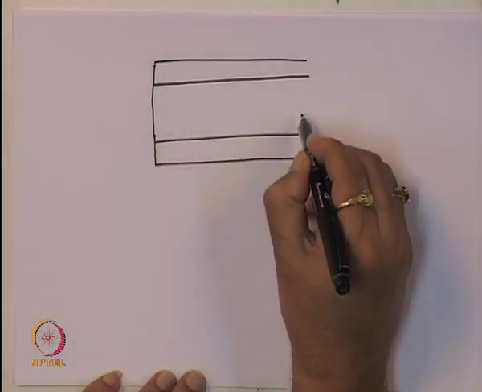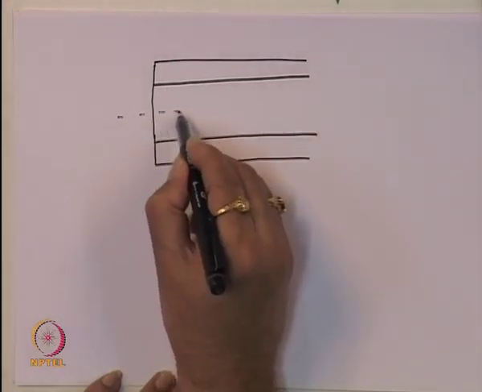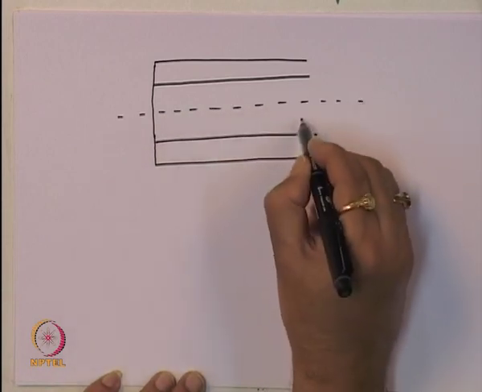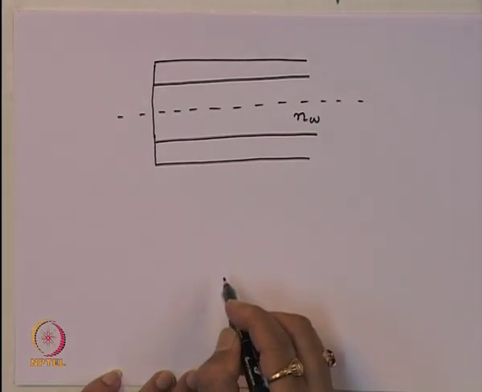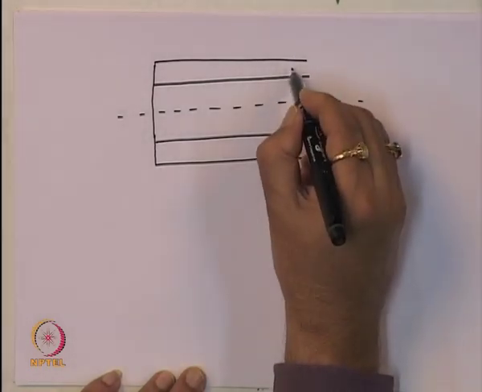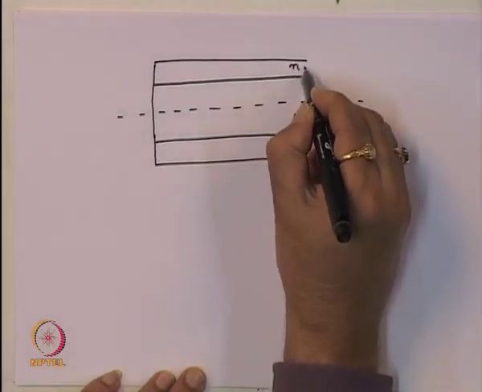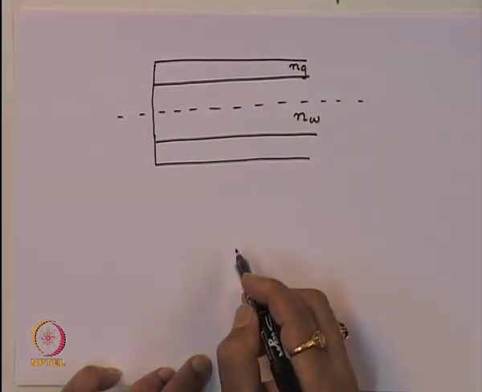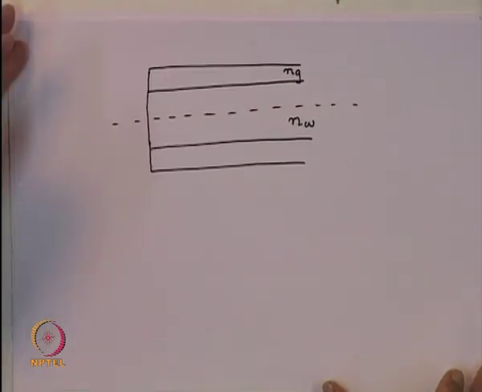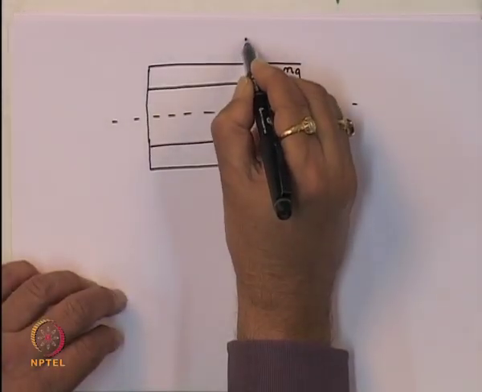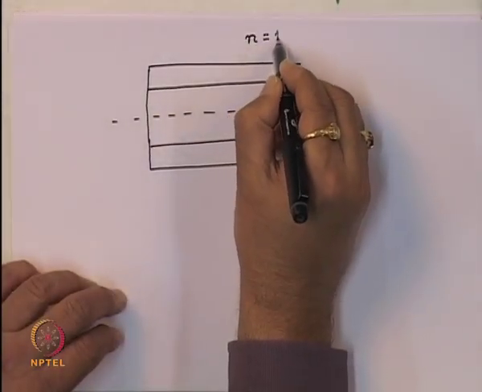Let us say this is the axis of the tube. The refractive index here is NW, which is water. The refractive index here is of glass, which is NG, and here the refractive index is air, which is N equal to 1.